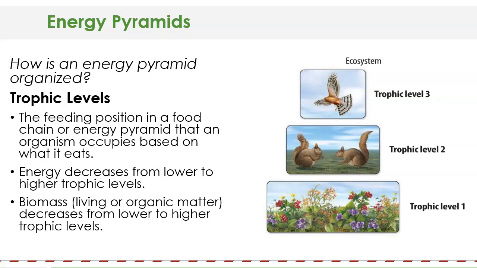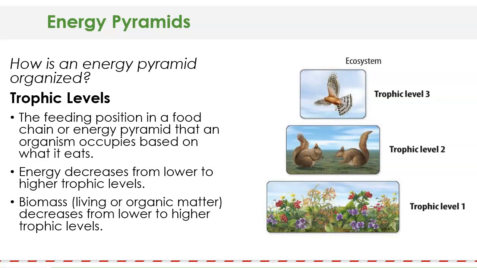Biomass is basically the matter or the stuff that makes up living things. It's what you're made of. It's what plants are made of. It's what animals are made of. We call that biomass. So bio, of course, means living. Mass has to do with matter, what everything is made up of, atoms and all of that sort of thing. So biomass also decreases from lower to higher trophic levels.